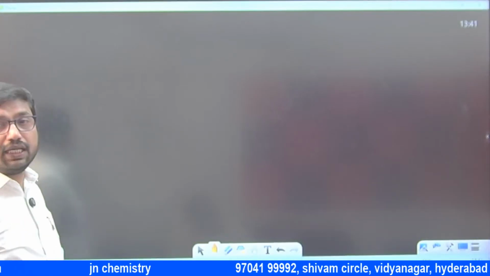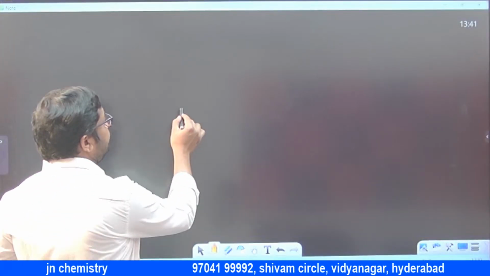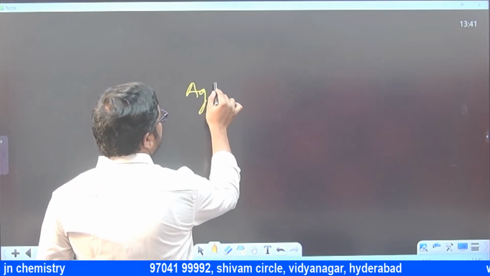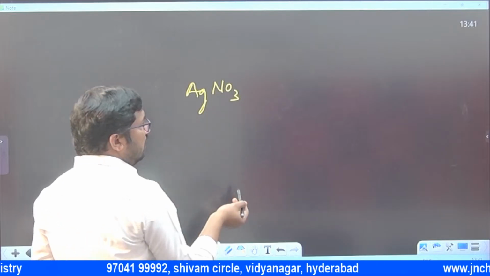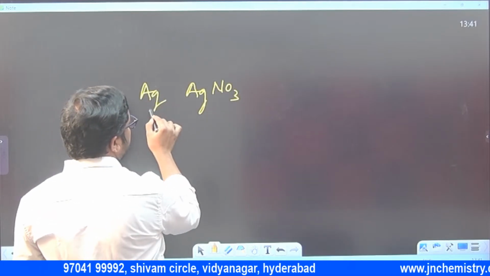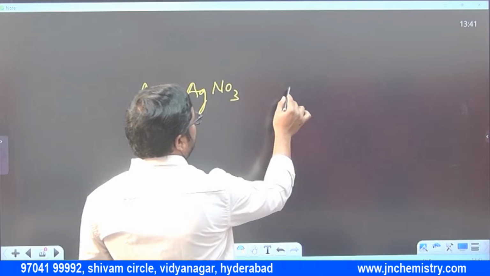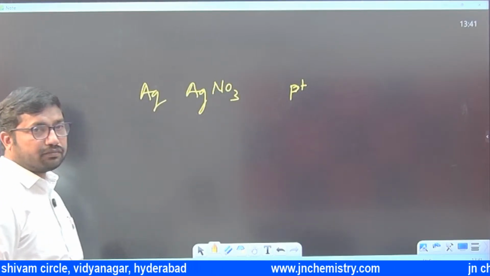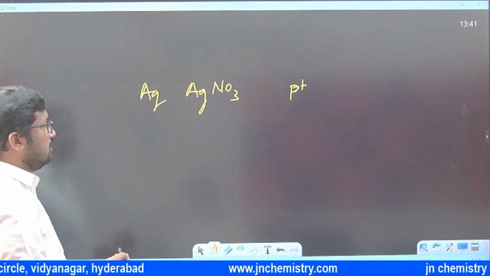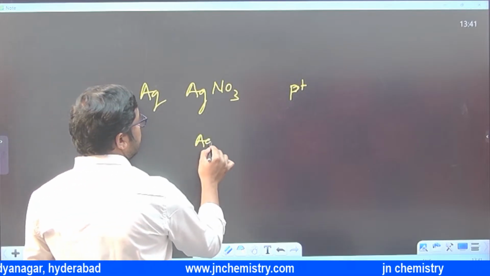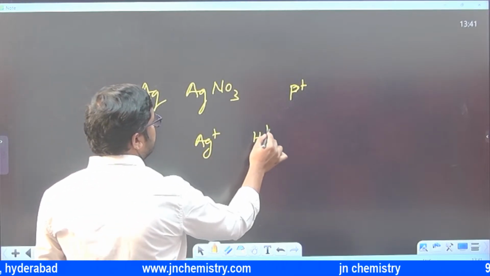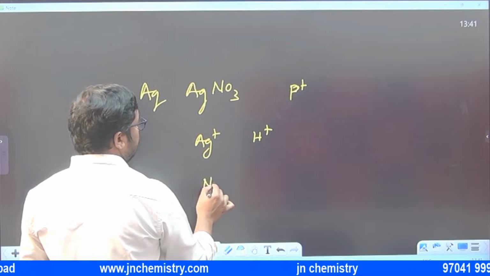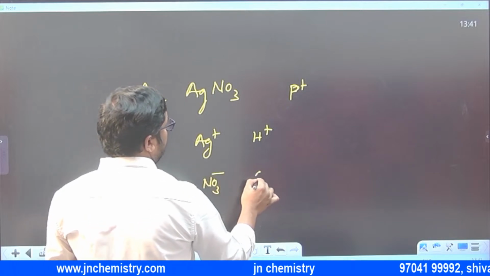And when we are using active electrodes, for example aqueous AgNO3 at platinum electrode, here is platinum electrode. What exactly happens? Here there is Ag plus, H plus, NO3 minus and OH minus.